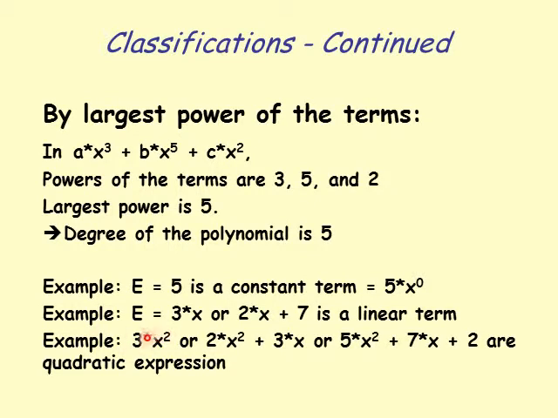In 3x squared, or 2x squared plus 3x, or 5x squared plus 7 times x plus 2, the highest power is 2, the highest flag value is 2, so the degree is 2, and they are quadratic expressions. This is a constant. This is linear: when the degree is 1, it's a linear term. When the degree is 2, it's a quadratic expression.